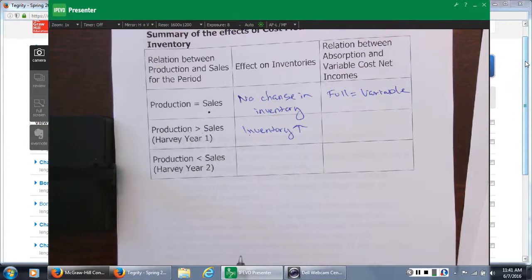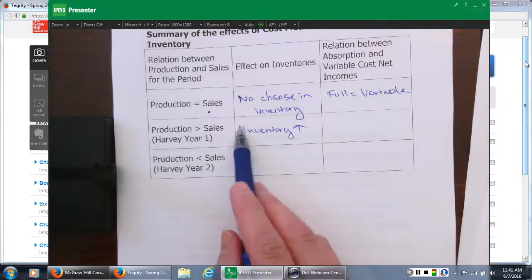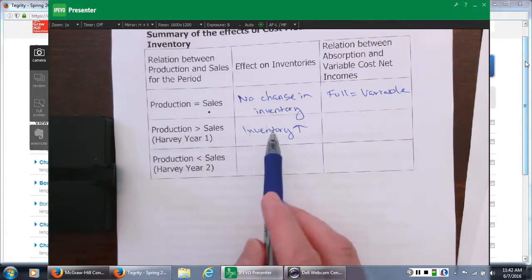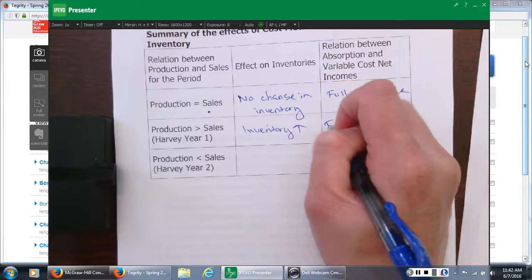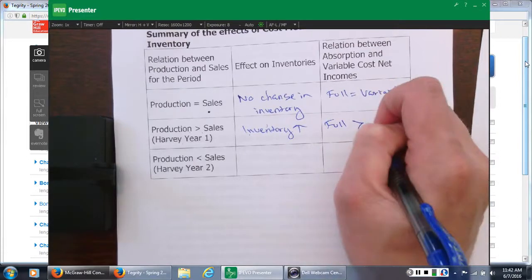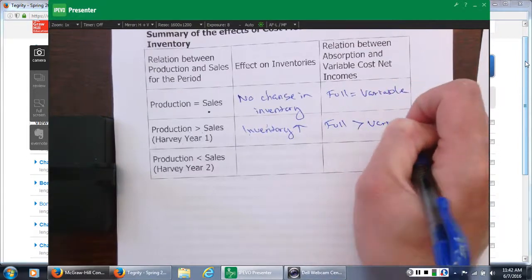So the fixed overhead that's attached to those goods will be recognized in the next accounting period when we sell them. So that means we're effectively reducing our cost of goods sold, because we're going to recognize it in the next accounting period in which we sell it. So that's why full costing net income was more than variable costing income.